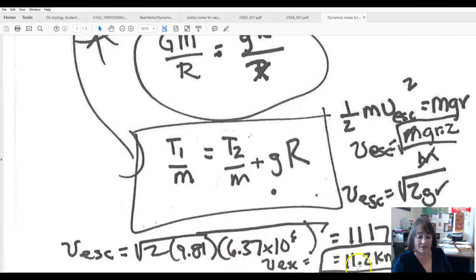So the escape velocity is 11.2 kilometers per second, which follows directly from the discussion above of escape velocity, or the energy at the top of that arc being equal to 0 in order for it to escape, and also the idea of kinetic energy per unit mass.